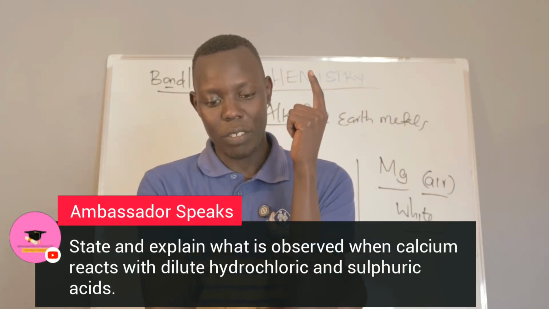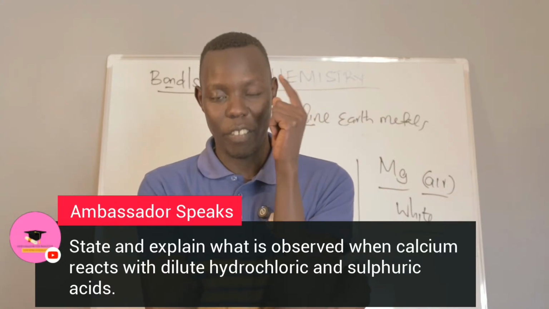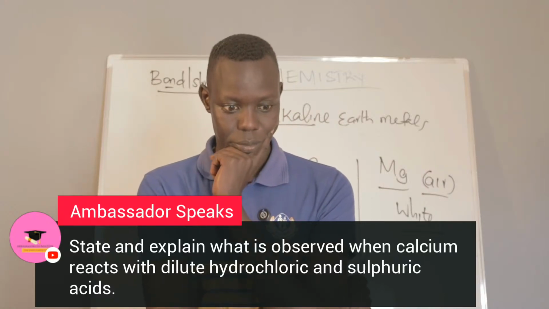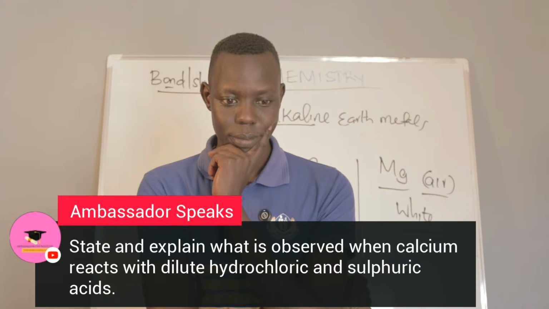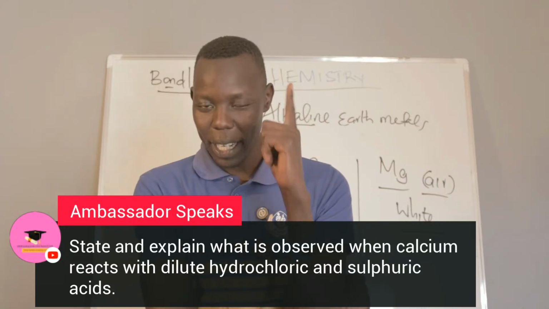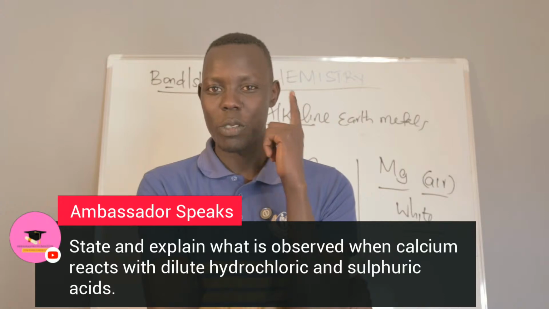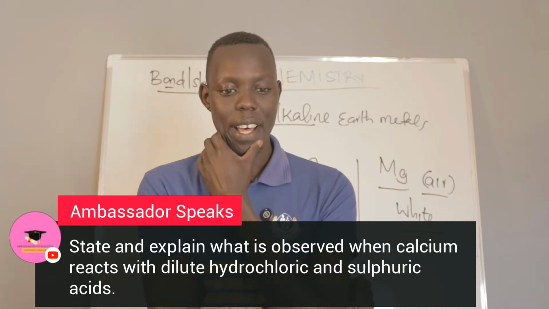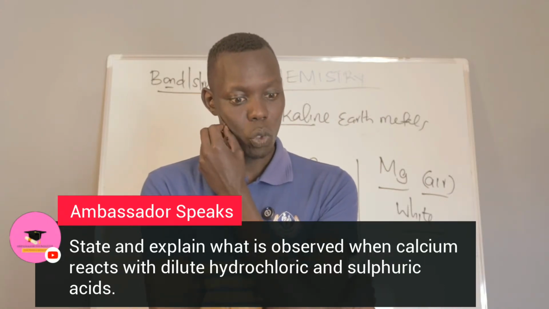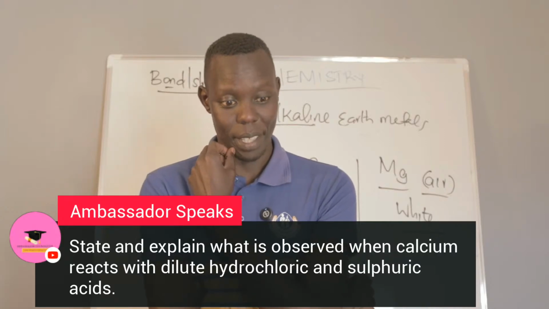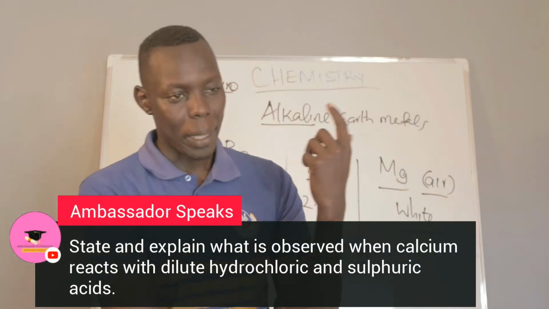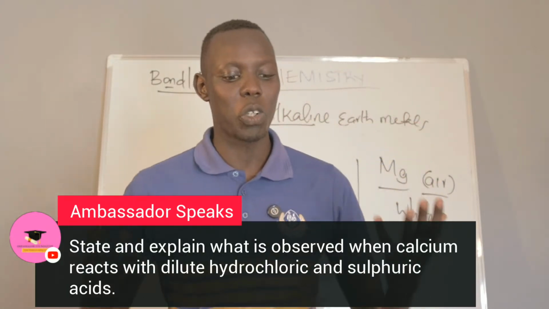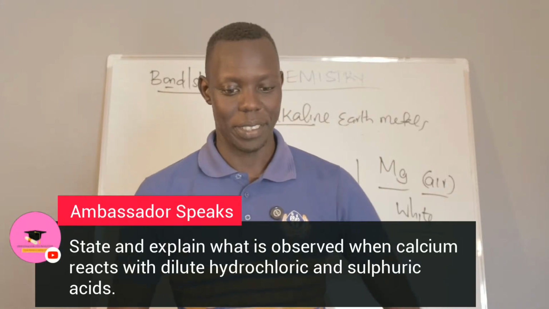When calcium reacts with sulfuric acid, it forms insoluble calcium sulfate that prevents further reaction. But when it reacts with hydrochloric acid, it forms calcium chloride, which is soluble and does not prevent further reaction.